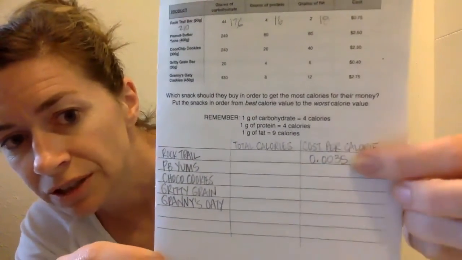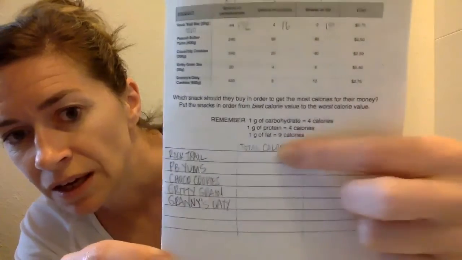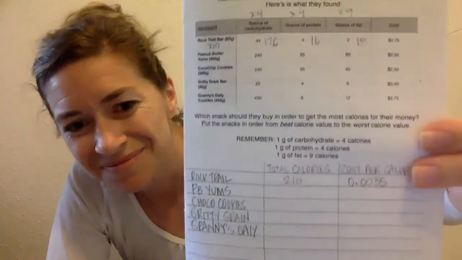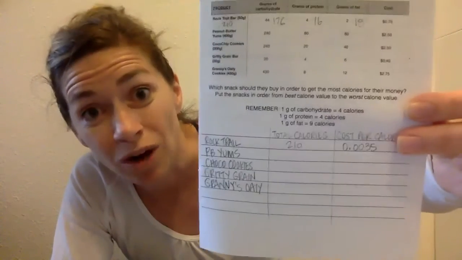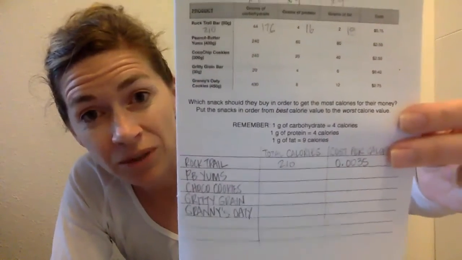I can write that in my handy little chart right here. And I can also write my total calories, 210, right here. And I finished the Rock Trail Bar. Okay, I'm going to do one more with you and see how we do. Let's do the next one, the Peanut Butter Yums.